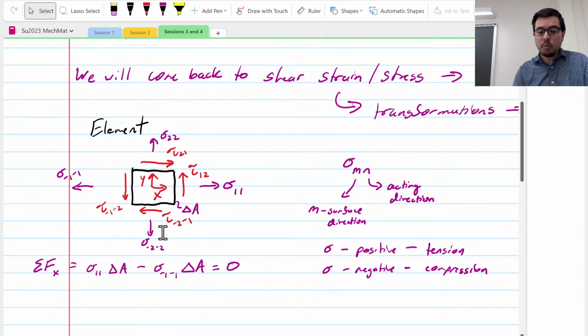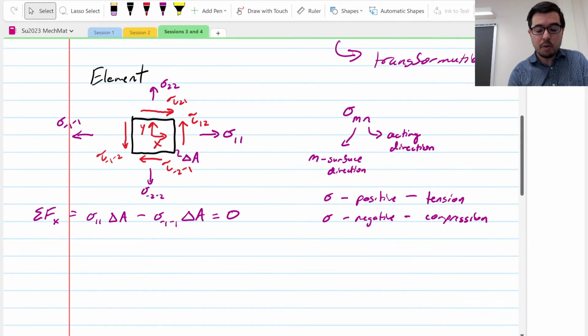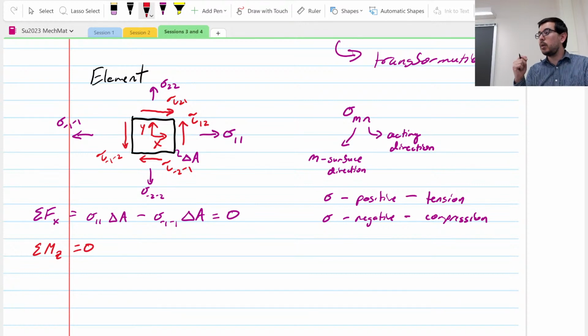So what you'll see is that tau 1, 2, and so we could think, if I have the shear stress acting on this delta area, that causes a moment. So if I sum all the moments in the z direction, because that'd be coming out of the board, that needs to be equal to 0.